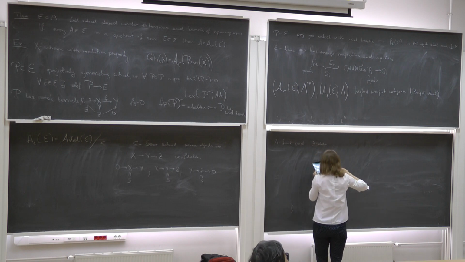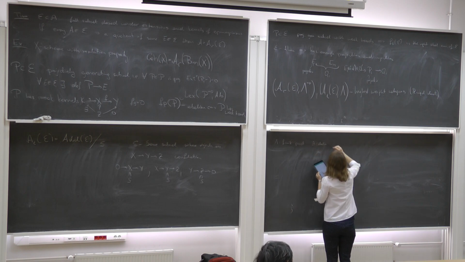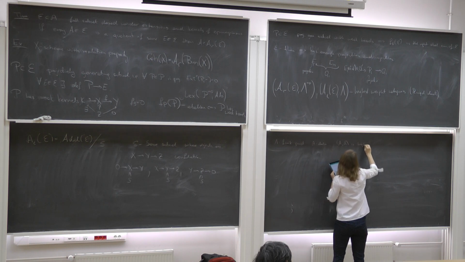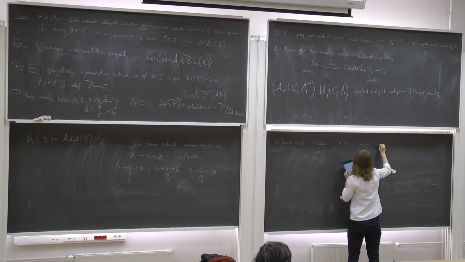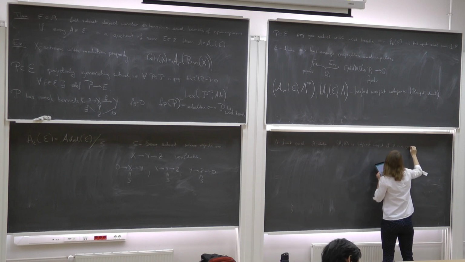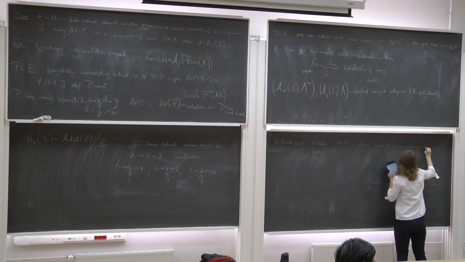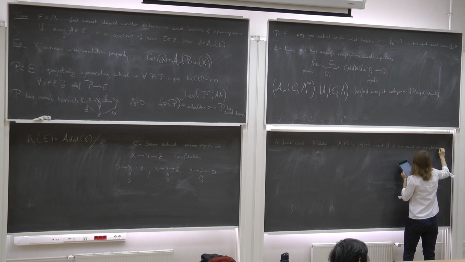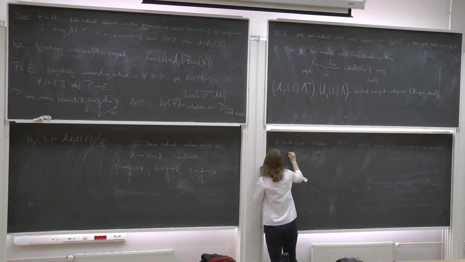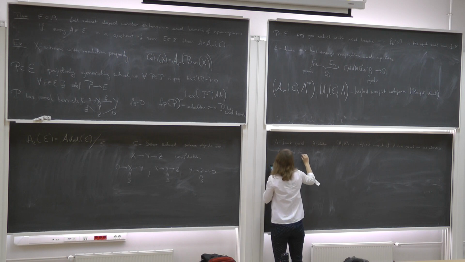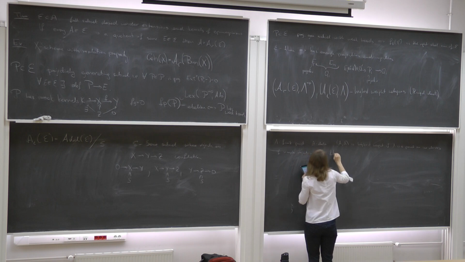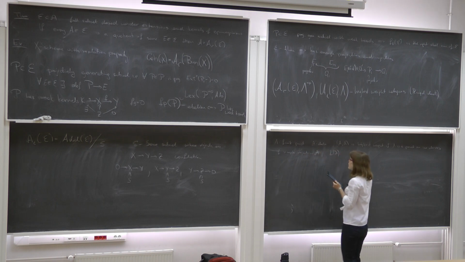A with Lambda is highest weight if Lambda is a poset on isomorphism classes of simple objects in A. So I have some L lambda for any lambda in Lambda.